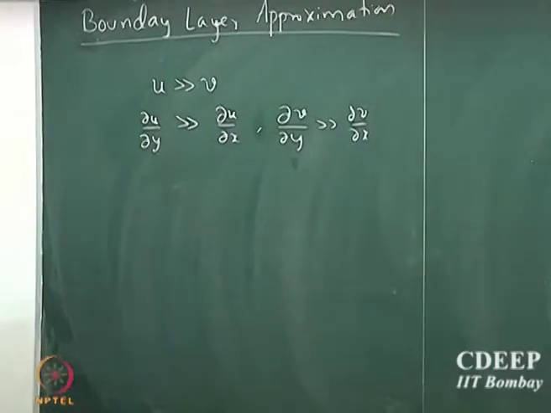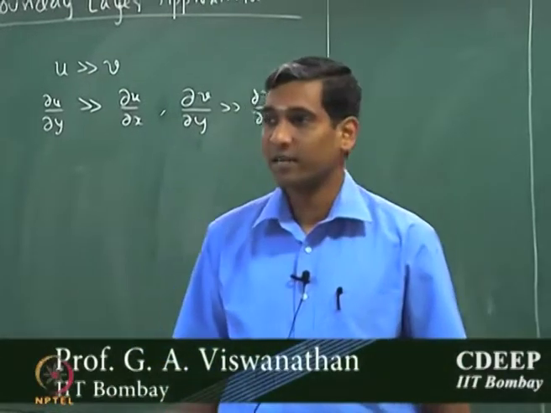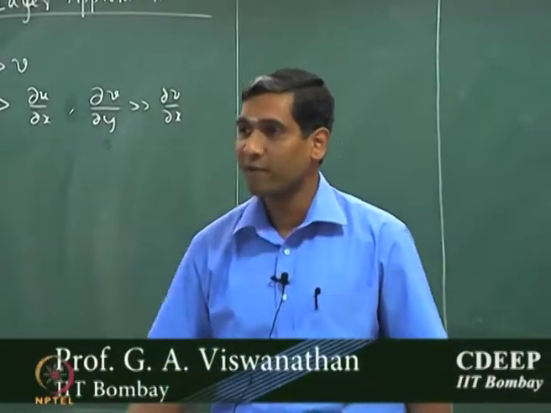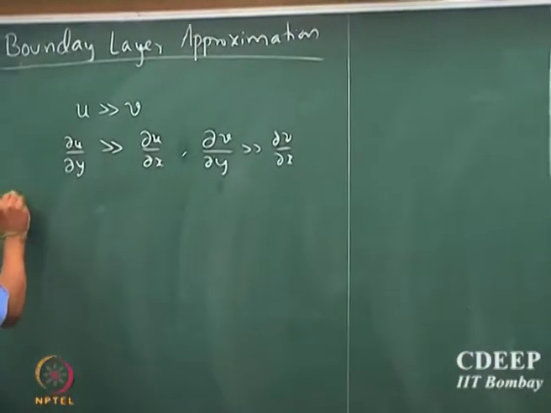Anyway, the way to introduce the boundary layer approximation, I suppose it has been taught in your fluid mechanics course. You have to do what's called the order of magnitude analysis.